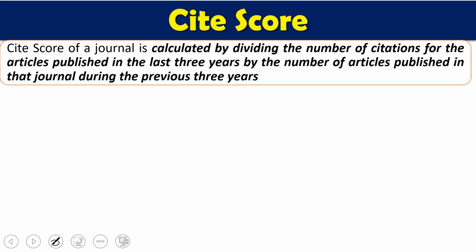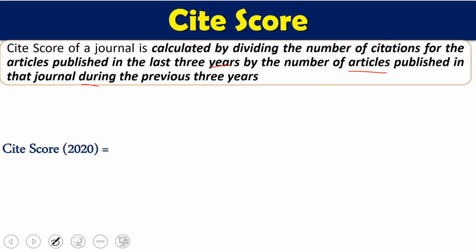So cite score includes everything, whereas impact factor includes only research articles and review articles. The cite score of a journal is calculated by dividing the number of citations for the articles published in the last 3 years by the number of articles published in the journal during those 3 years.